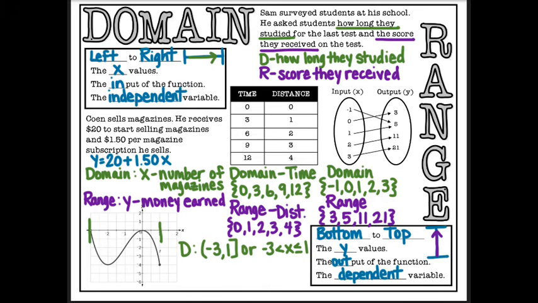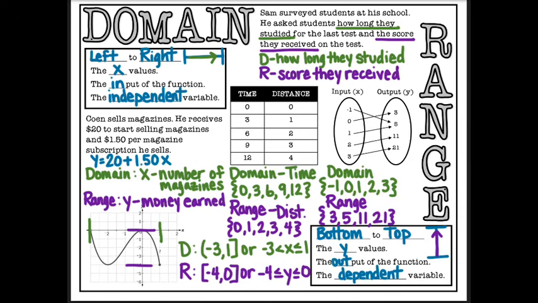Okay, so then when I look at the range, we're talking about the bottom of the graph to the top of the graph. So I want to see how low the y values are and how high the y values are. So for the range, they go from -4 to 0. Since at -4 that is a filled-in circle, then I can use a bracket. And at the very top, 0, there's a point there at the top of that curve that would be equal to as well.